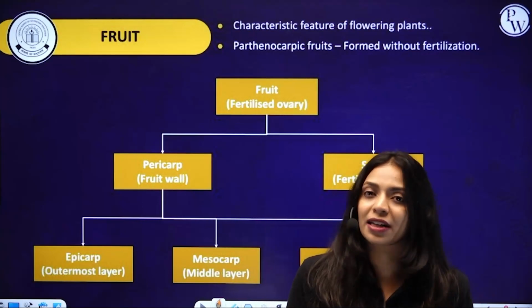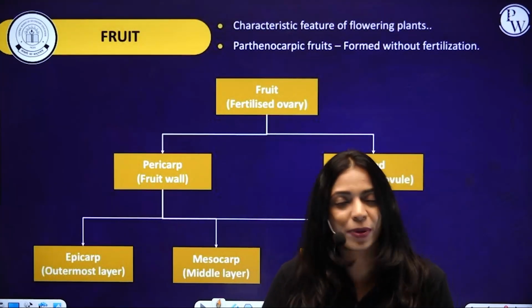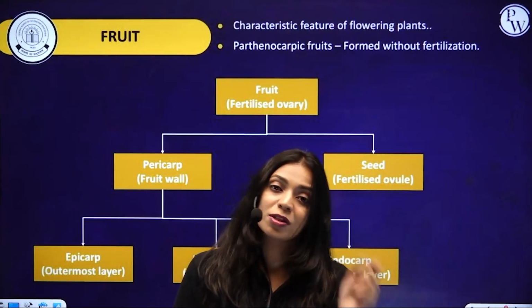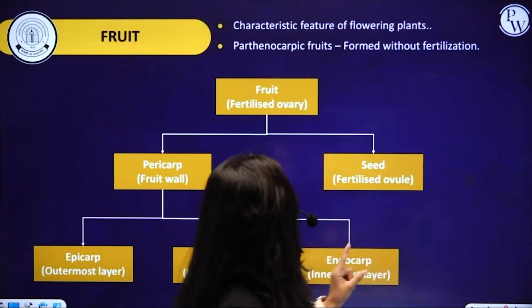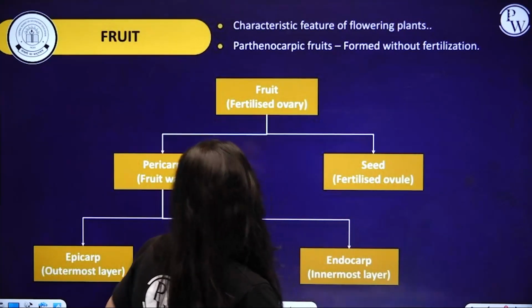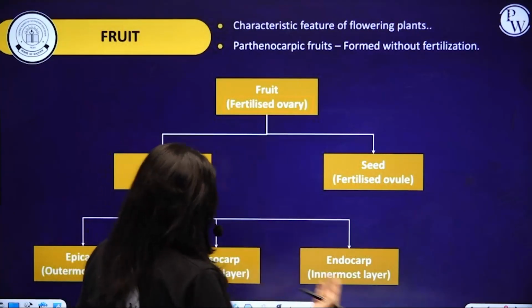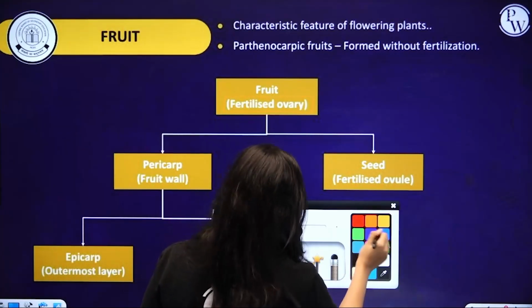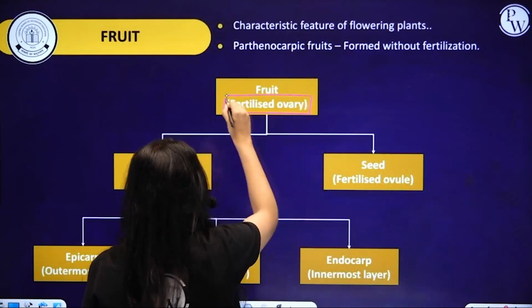Now, after this fertilization takes place, the ovary will transform into the fruit. The ovules present within the ovary will transform into the seed. Okay? So, fruits are nothing but ovaries transformed. Ovaries will transform into fruit after fertilization. So, we can say that fruits are fertilized ovaries.